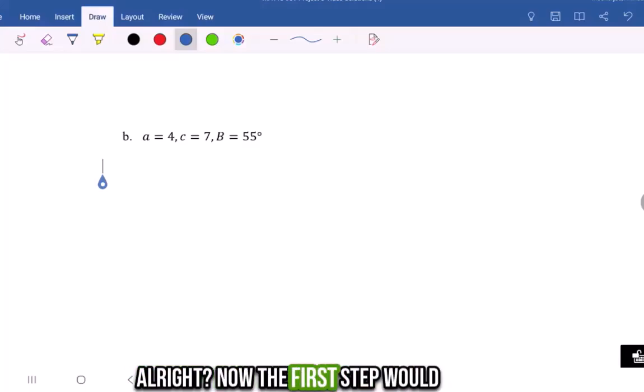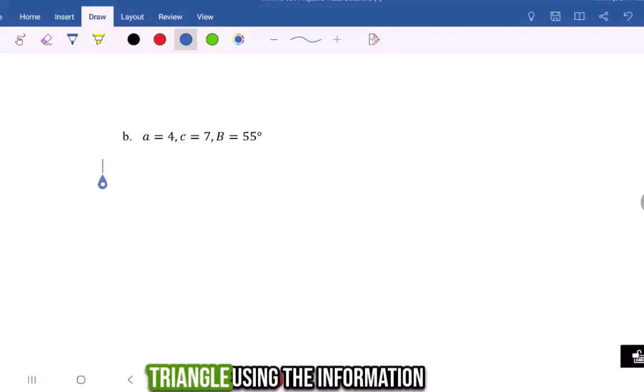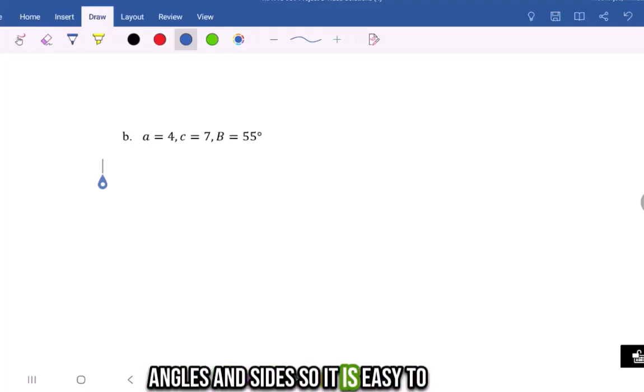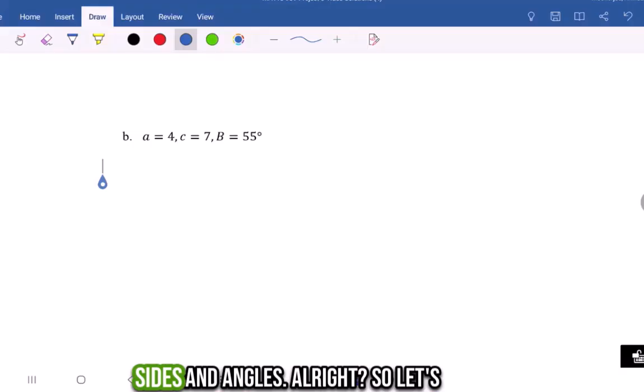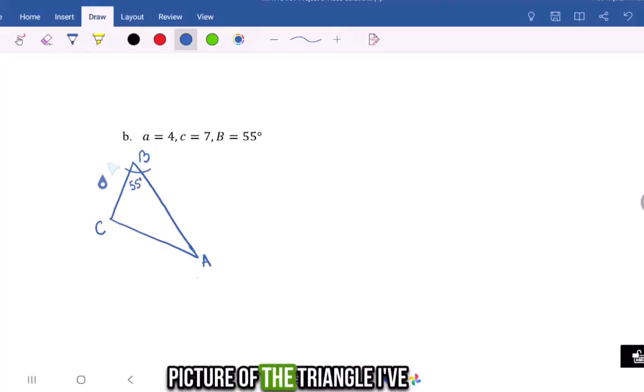All right. Now, the first step would be to draw a diagram of the triangle using the information given to us and then labeling the angles and sides so it is easy to form an equation of the missing sides and angles. All right. So let's do that first. Here we have a picture of the triangle. I've marked angle B as a 55-degree angle.